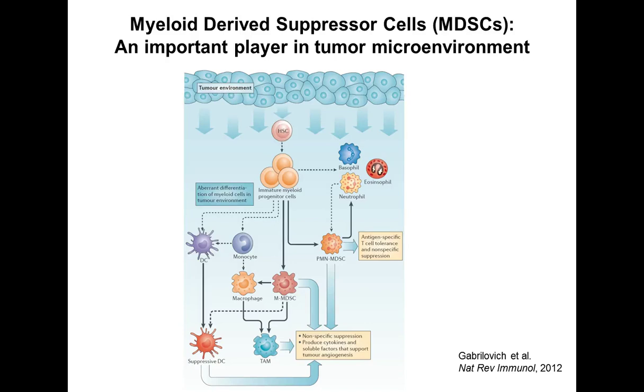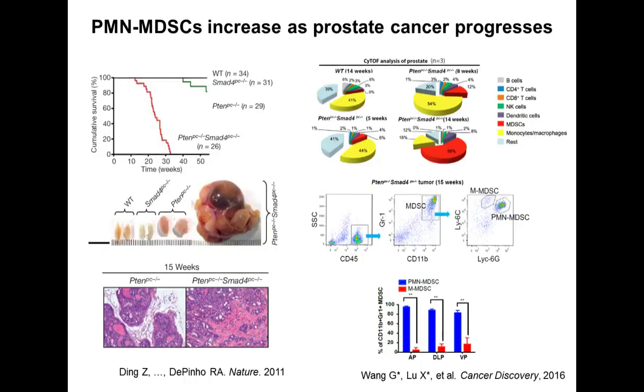Today, my talk will focus on understanding the function of MDSCs in prostate cancer and how we can target them, particularly highlighting the technique of the proteomic profiler array. My research on prostate cancer and MDSCs came from an earlier publication from my postdoc lab, Dr. Ron DePinho's lab at MD Anderson.